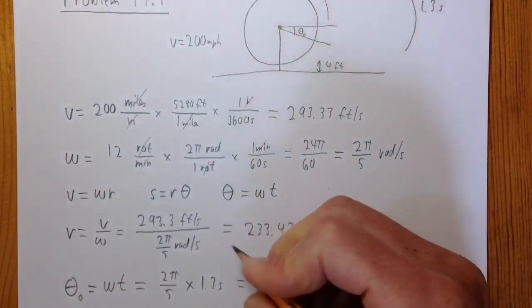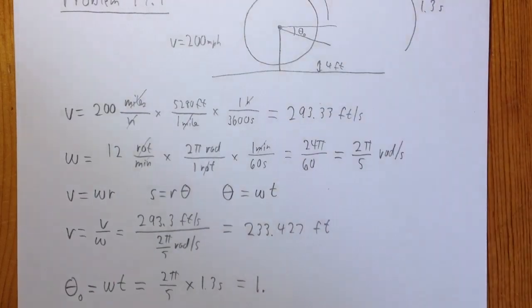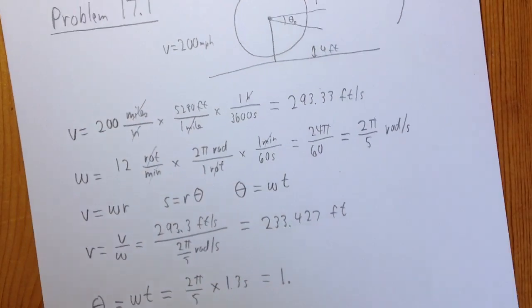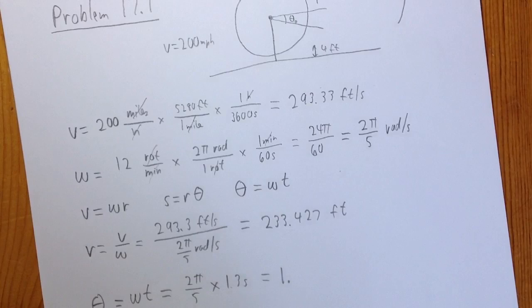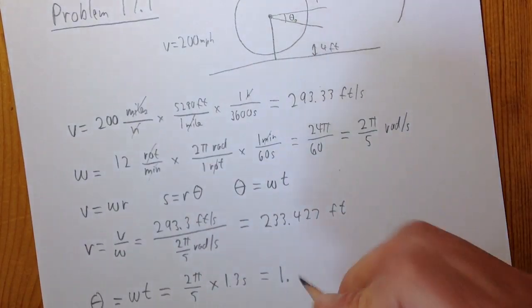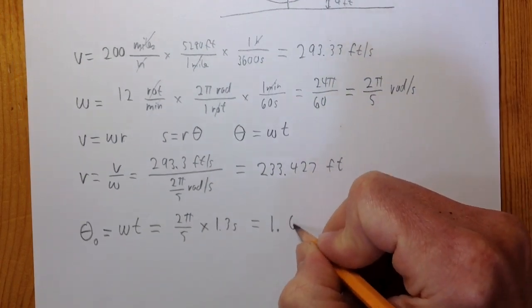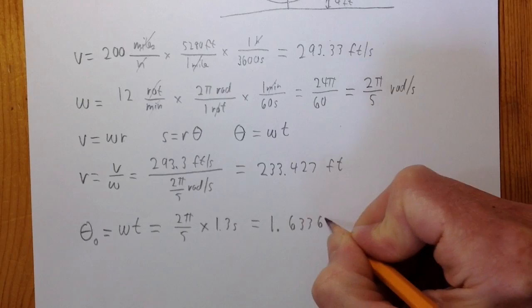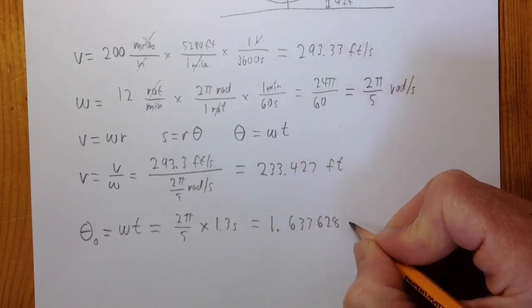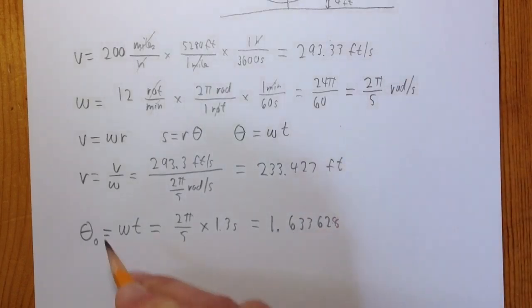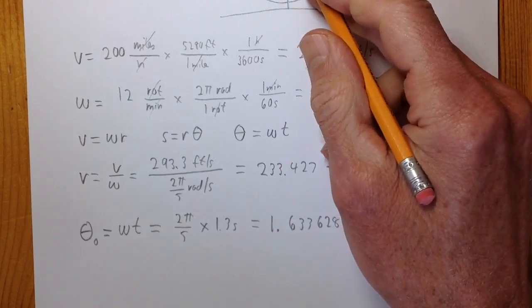Let me just do it out. So 2 pi over 5, 2 times pi divided by 5 times 1.3, 1.633628. And actually that's not theta 0, that's all the way to the top.